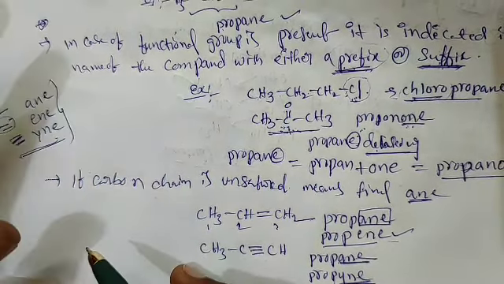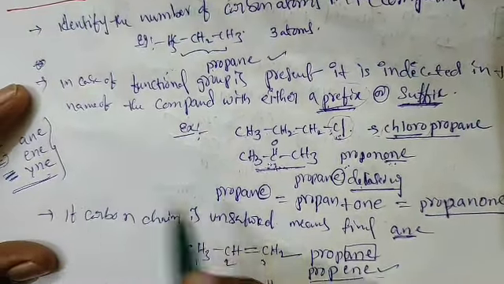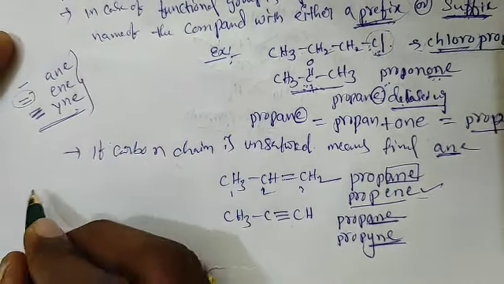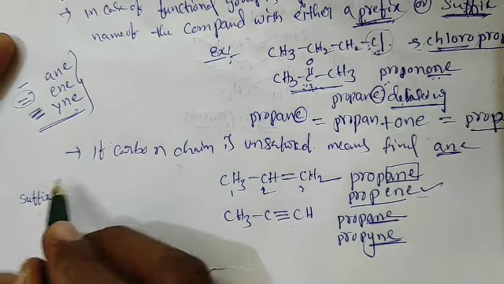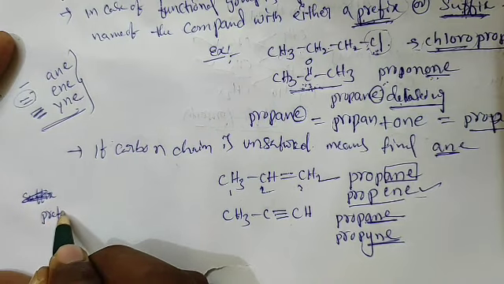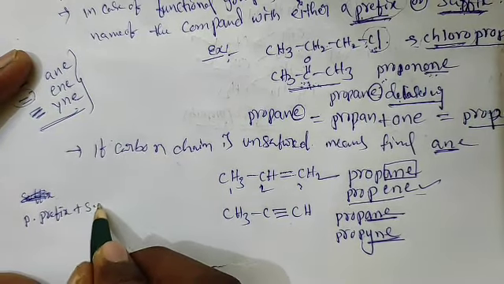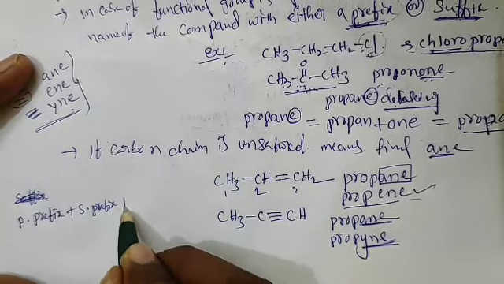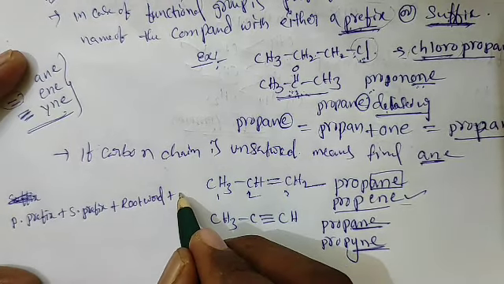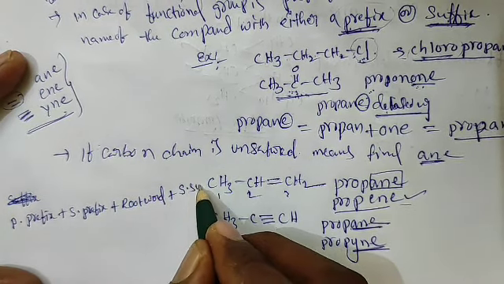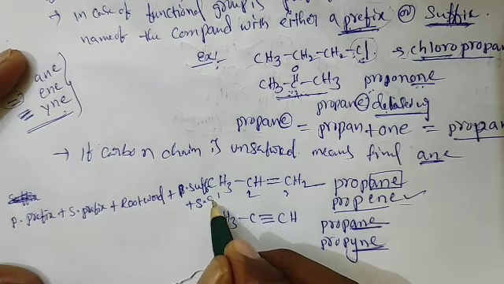Understood? To identify the number of carbon atoms, there is one formula I already mentioned. First, to write the name of a compound we should learn the formula: primary prefix plus secondary prefix plus root word plus primary suffix plus secondary suffix.